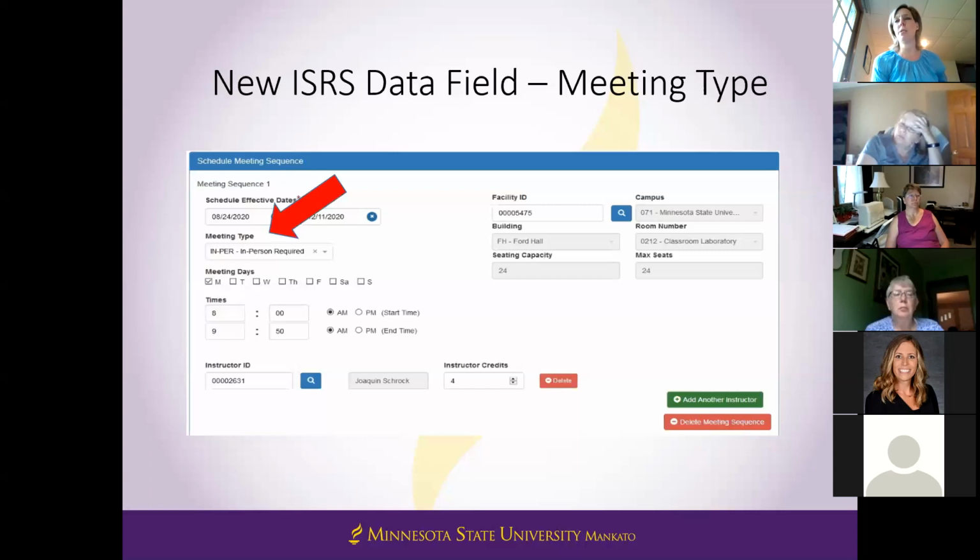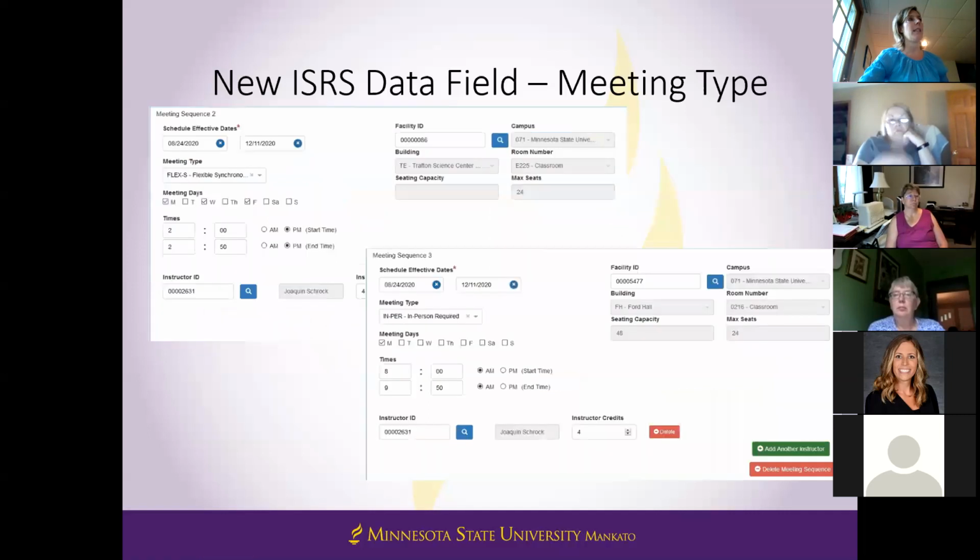The only way the student can complete the lab is to come into the lab and be in person, okay? So we had no way before this change was added to indicate to the student that, hey, you must be present in person, okay? So you'll see that here I chose in person. I'm going to go to the next slide.